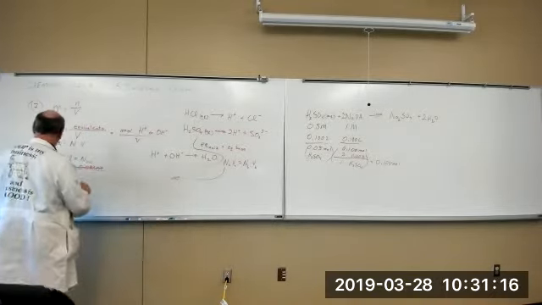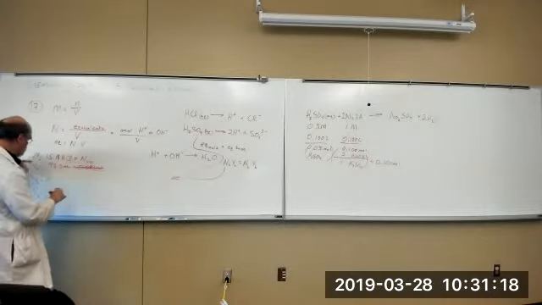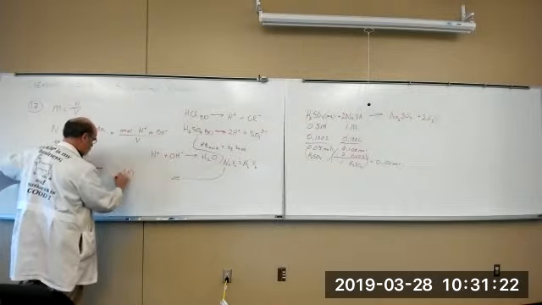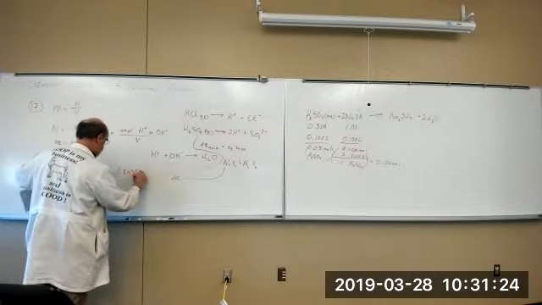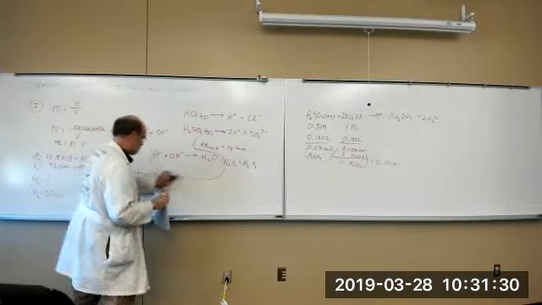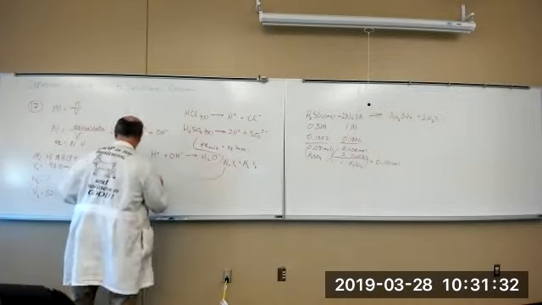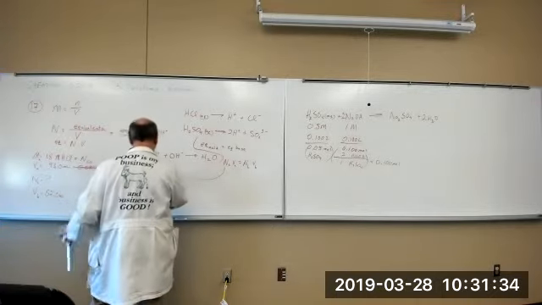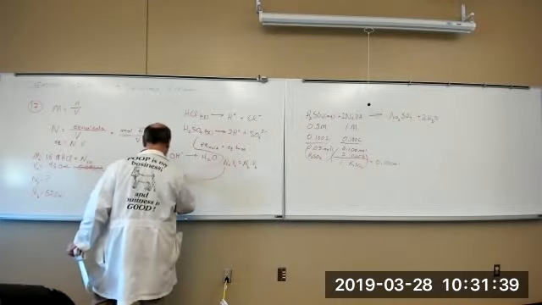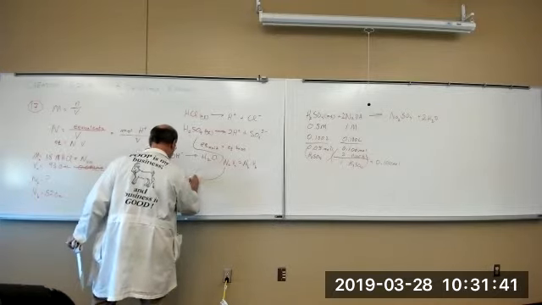So the normality of the acid is 1.8. 1.8 normal times 93 milliliters equals normality of the base, which is our unknown, times the bottom, 52 milliliters.